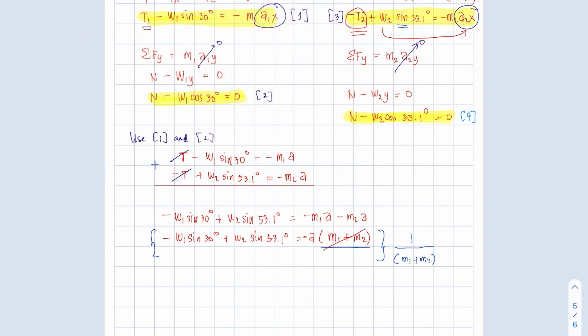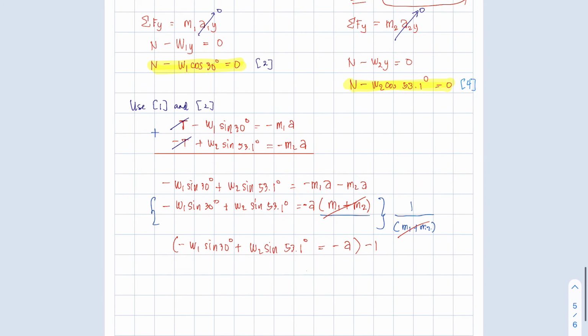And when I do that, this portion here will cancel out, leaving behind A. So, ngayon, ang mangyayari, meron akong negative W1 sine of 30 degrees, plus W2 sine of 53.1 degrees is equal to negative A na lang dito, negative A. And if I don't want to have negative A, ang gagawin ko lang is multiply both sides by negative 1.